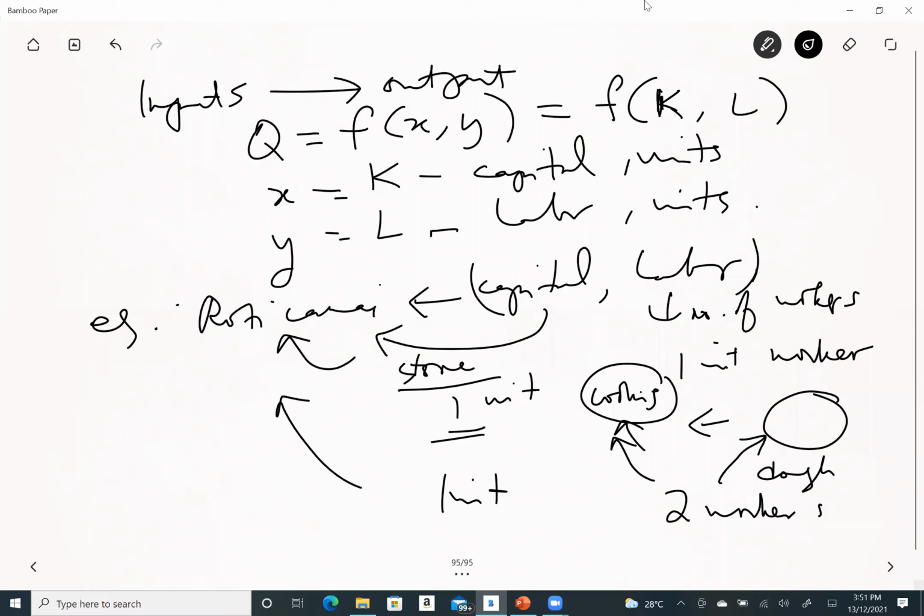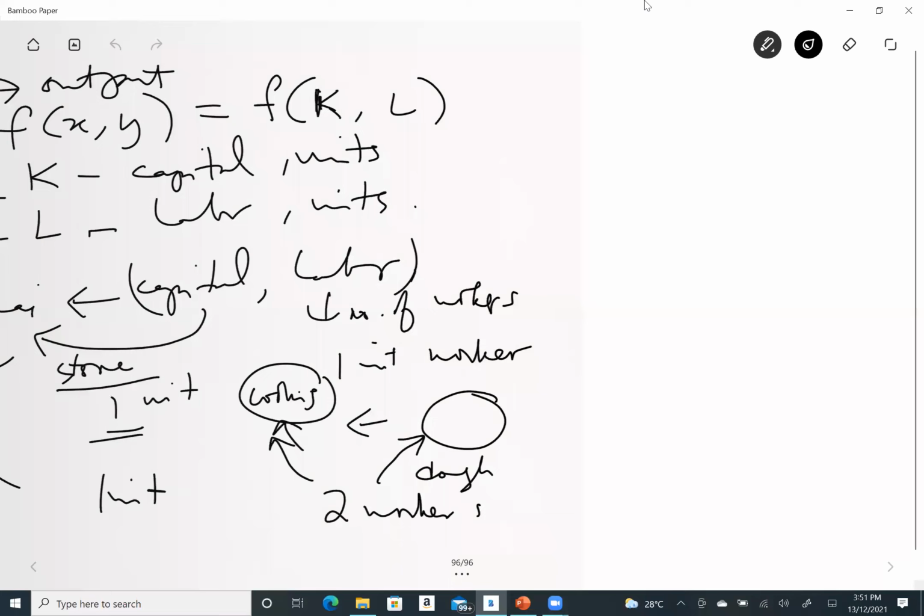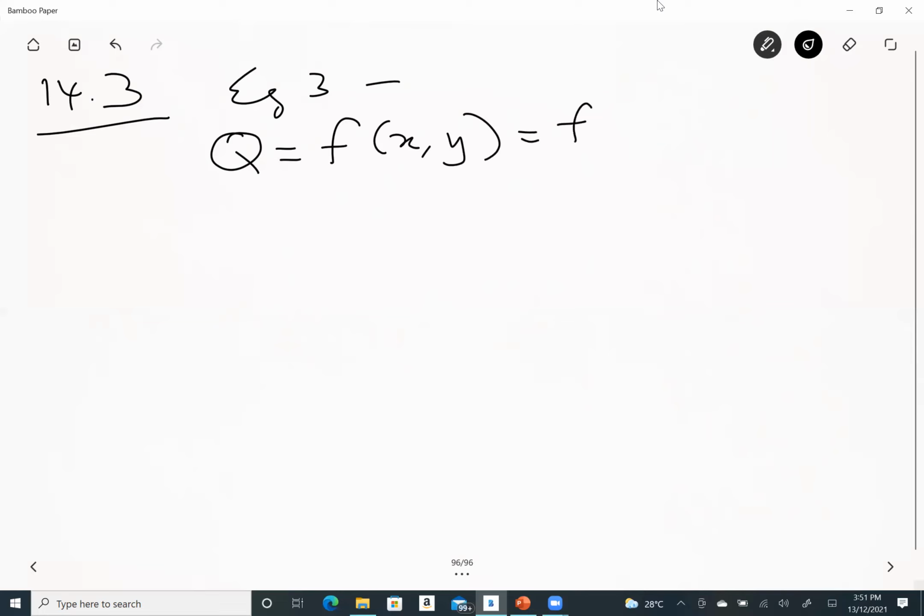So let's say you are looking at production. Now you move on to 14.3, example number 3. Same thing, production. What you want to do here is take the partial derivative of the production function.